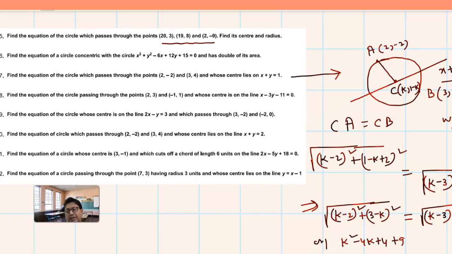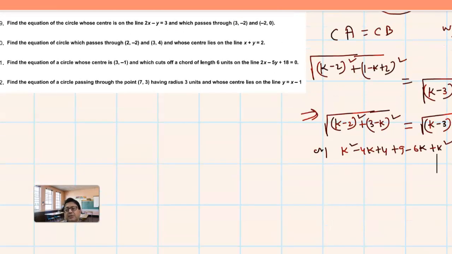You can see that (k minus 3) whole square is a common factor, so you can eliminate this thing.